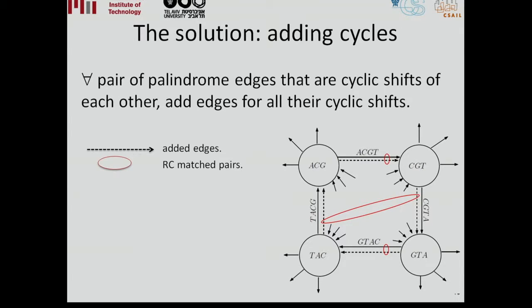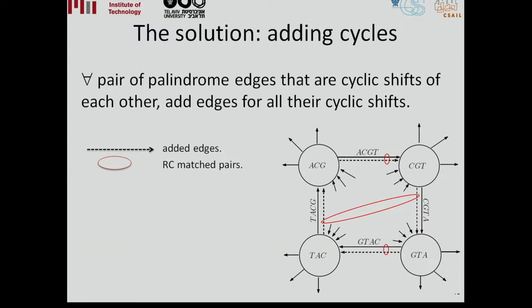So for example, here is one palindromic edge, and here is its reverse complement. And we add a cycle to our graph containing these two palindromic edges and the edges that will connect them together. So we look at all the cyclic shifts.